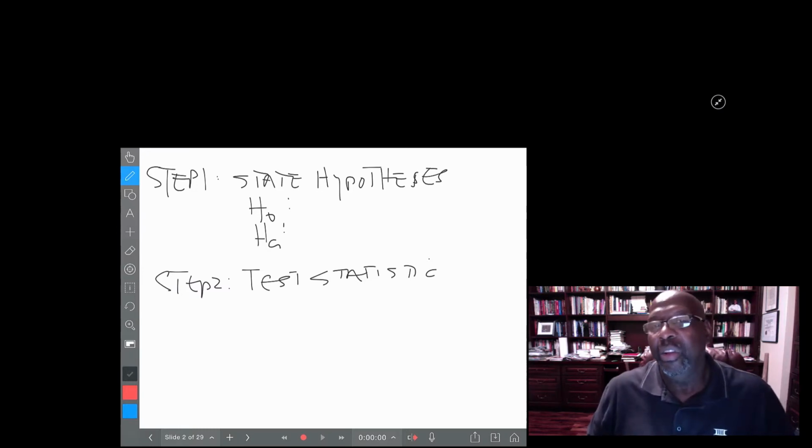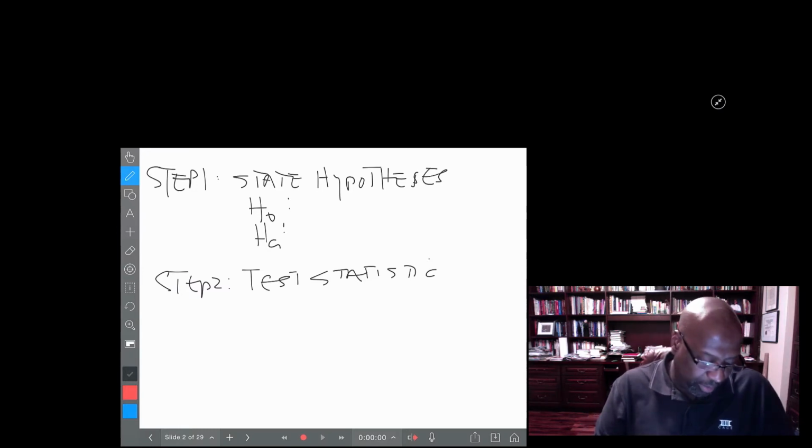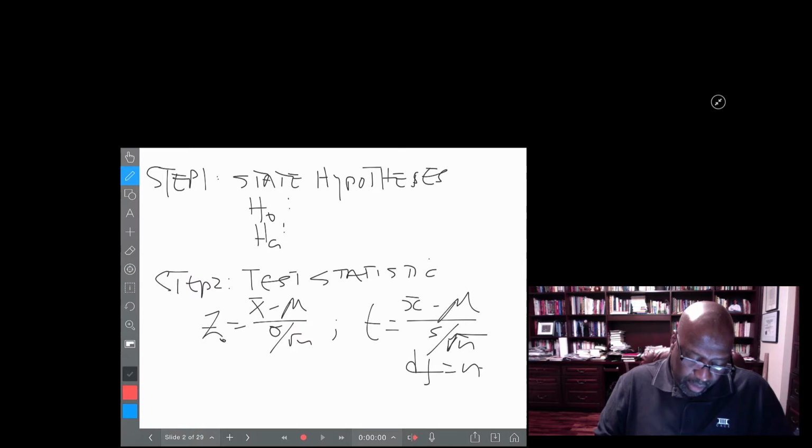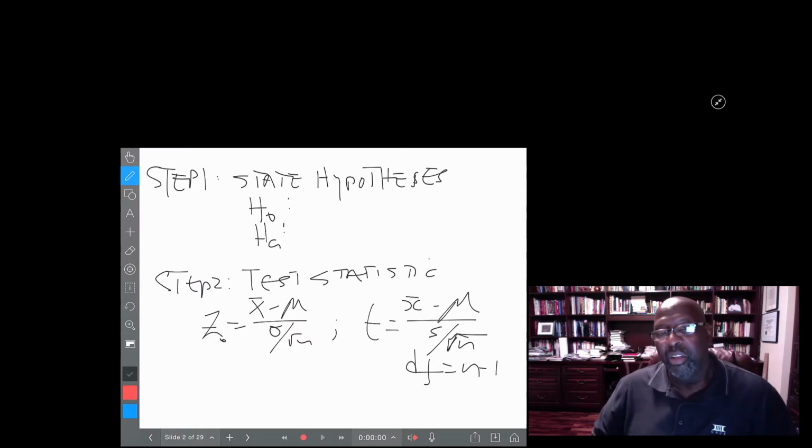If it is unknown, we use a sampling distribution that is T. So it's either Z, the observed Z value, would be X bar, if we're dealing with a hypothesis test for the mean, minus mu over sigma over root n, or it would be T, X bar minus mu over S over the square root of n. Okay, so either one of those two, and of course with degrees of freedom n minus 1.